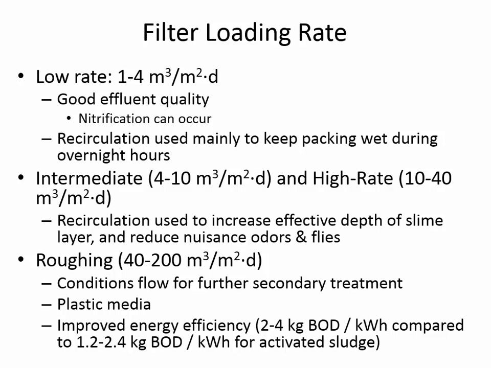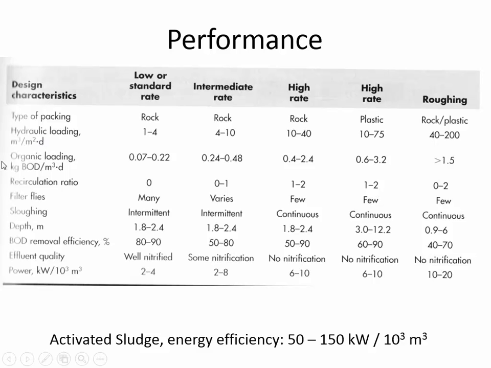Okay, filter loading rate: there's two ways to look at it. There's the hydraulic loading rate and the organic loading rate. And so let's look at the units again. Hydraulic loading rate is cubic meters per day per square meter of filter area. So let's think about the water that's going in, Q, as units of cubic meters per day. And then here's the filter area.